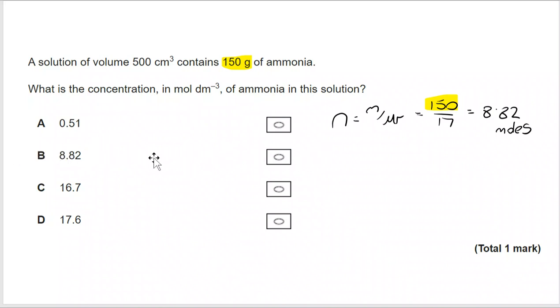They're banking on some people missing the fact that there's another step, because I now need to work out the concentration, and I do that by taking my number of moles, 8.82, and dividing by my volume. My volume is given in cm cubed, but because concentration is in moles per decimetre cubed, I'm always going to do that conversion. So 8.82 over 0.5 gives me a final answer of 17.6. The correct answer is D.